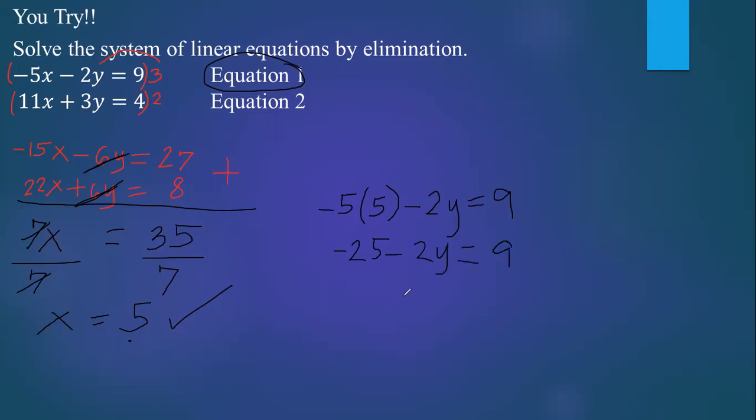So transpose. We have here negative 2y equals 9 plus 25.